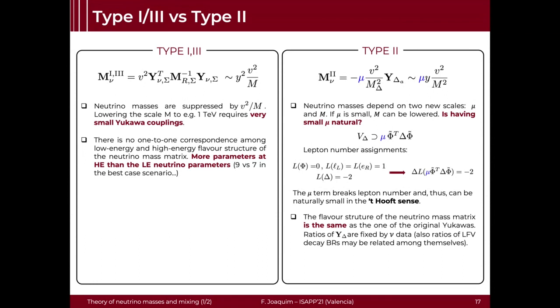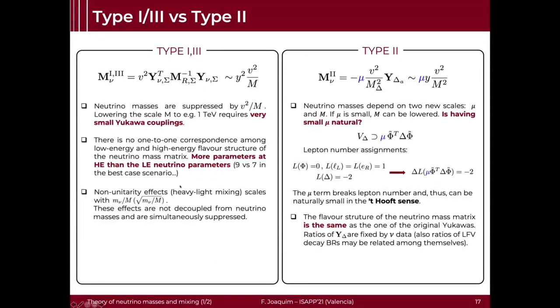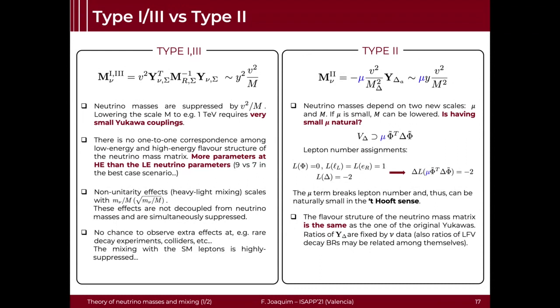In general, these branching ratios may be related to each other and can be written in terms of the low energy neutrino parameters that are measured in neutrino oscillation experiments. Also, we have seen that in the case of type 1 and type 3, non-unitarity effects are very small. There is no chance to observe extra effects in rare decay experiments, colliders, etc., if you have such a high scale for the new degrees of freedom.